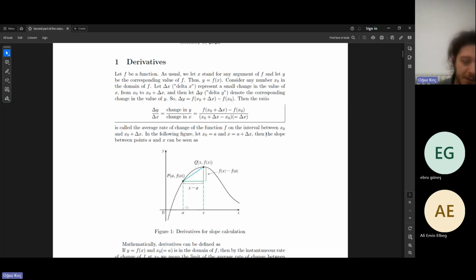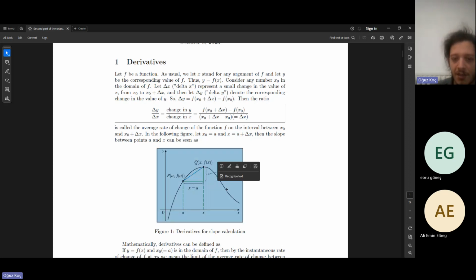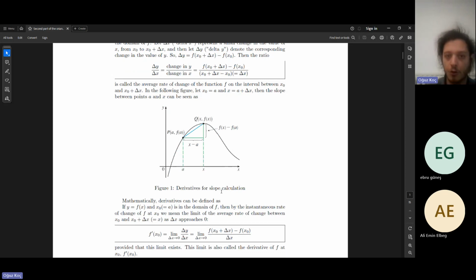The image of the f function at a gives us f of a, and we consider the change in the y-axis, which corresponds to the difference between those points, and also the difference between the points a and x, and the ratio f of x minus f of a over x minus a gives us the slope, or average rate of change.